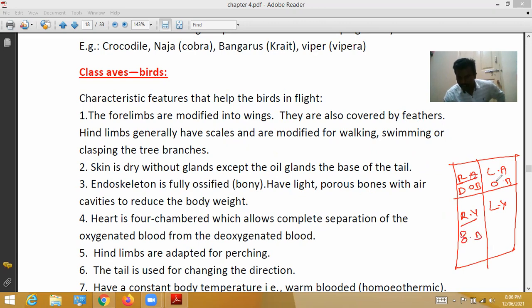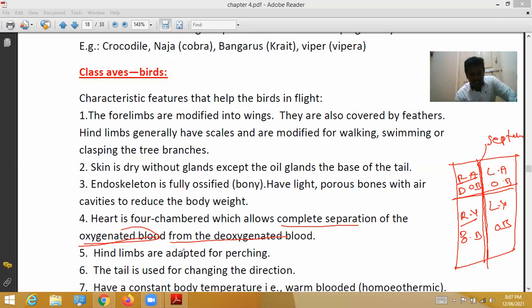From the left auricle, oxygenated blood enters into the left ventricle. These 4 chambers are fully separated by vertical walls, which are called septum.